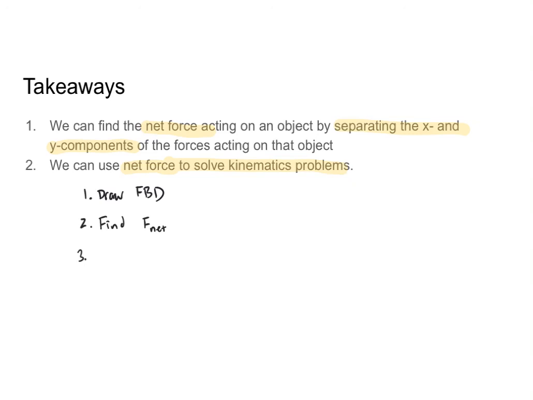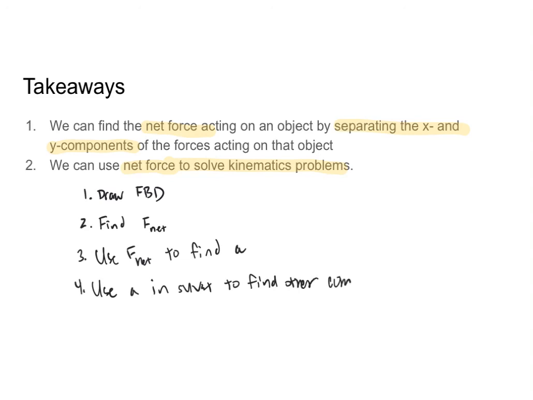And then using our net force, we found our acceleration. And we used our acceleration to find other components of SUVAT. So we used that to solve for whatever the question was asking us for.